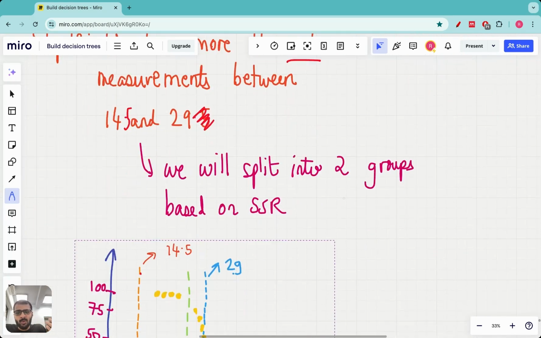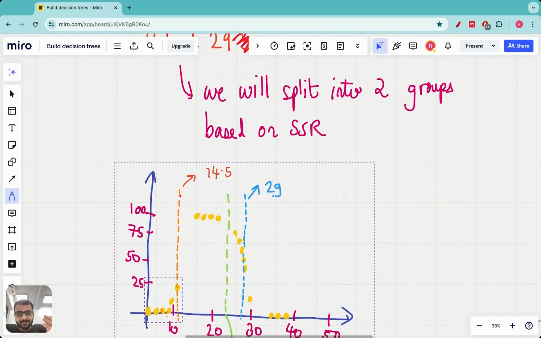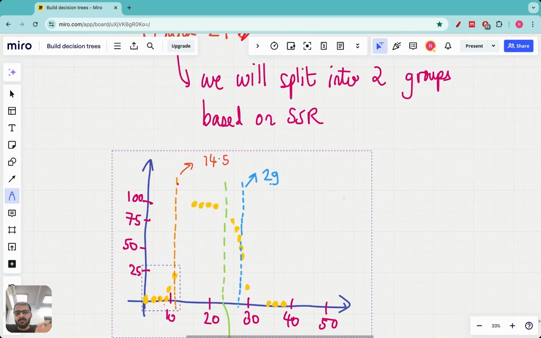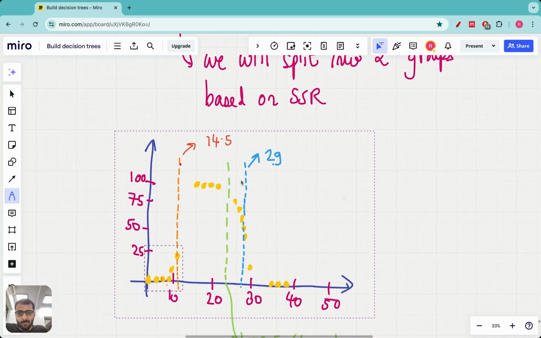And then again, we need to decide what's the decision threshold which we will use between 14.5 and 29. There can be many decision thresholds: 15, 16, 17, 18, dot, dot, dot, 28. So we will calculate the sum of the squared residuals for all these different decision thresholds and plot them.